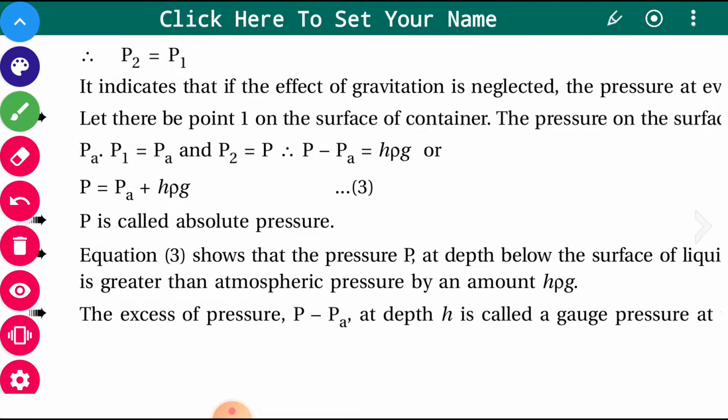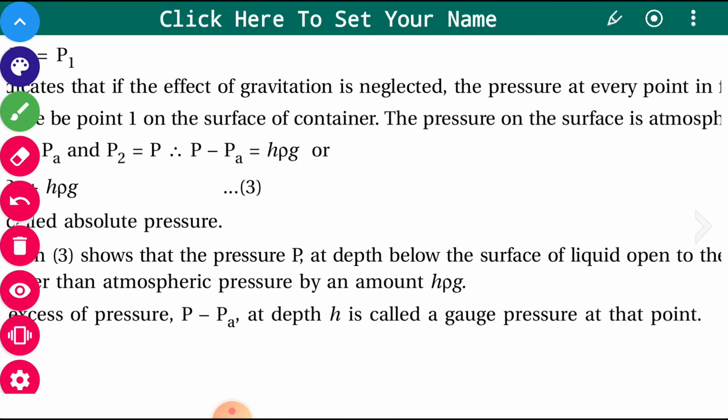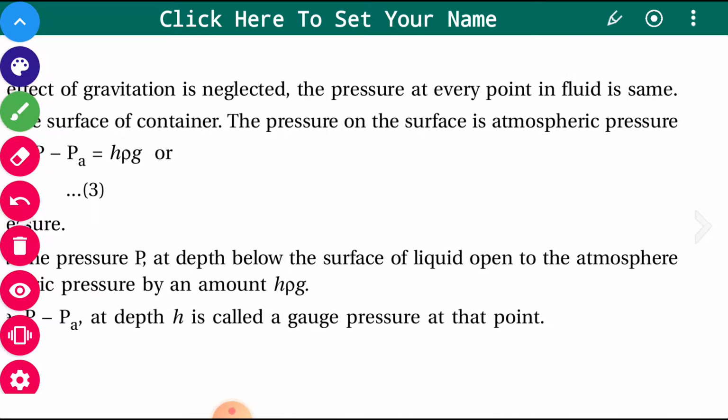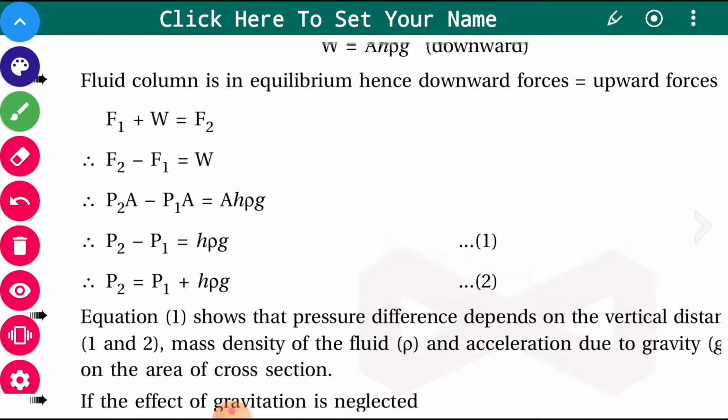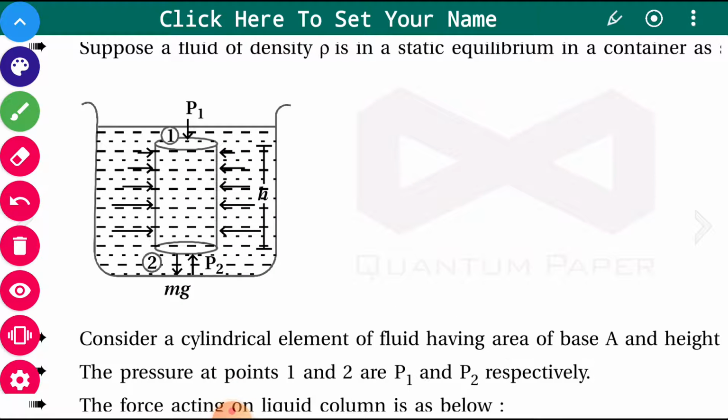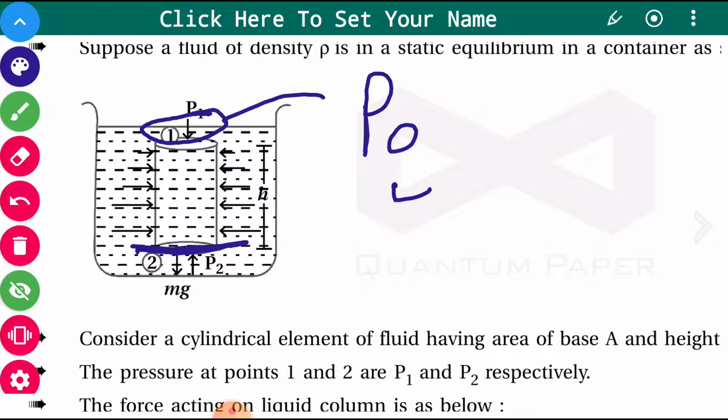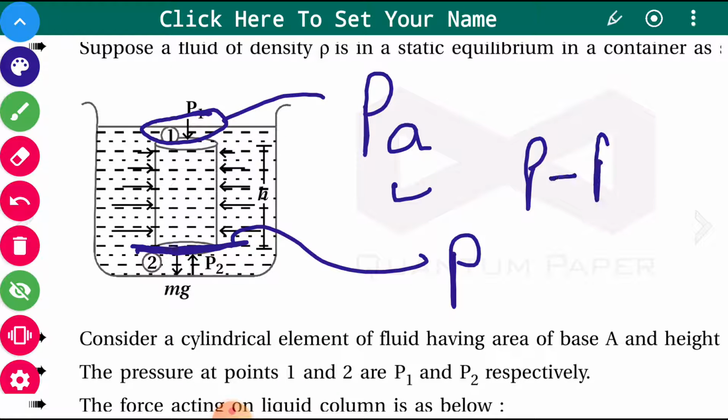This equation 3 which we have derived shows that the pressure P at depth h below the surface of a liquid open to the atmosphere is greater than the atmospheric pressure by an amount rho g h. So at the first surface the pressure is atmospheric pressure, and here at depth h the pressure is P. This difference of pressure, P minus PA, is rho g h.